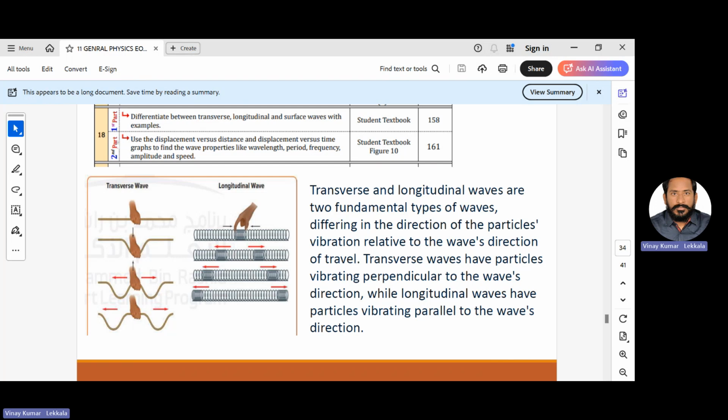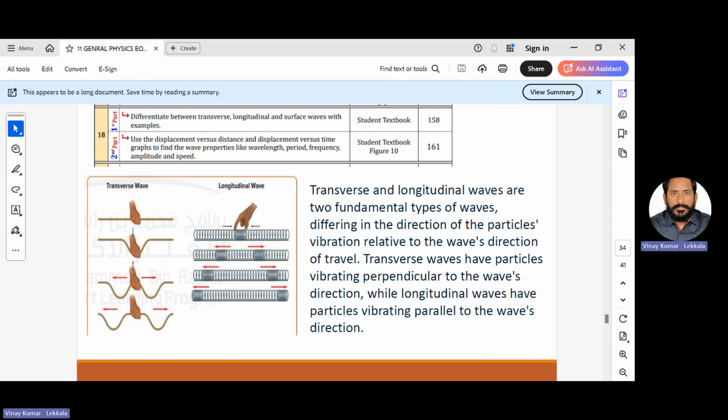Next comes the 18th question. This question asks you to differentiate between transverse and longitudinal waves. What is the difference? In a transverse wave, the vibrating particles are always perpendicular to the direction of motion of the wave.